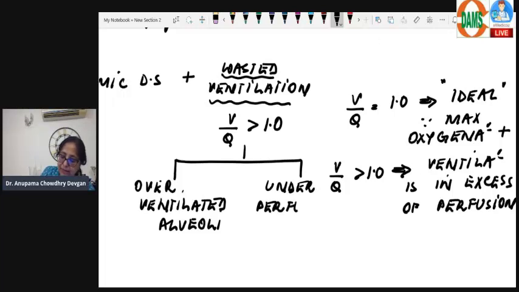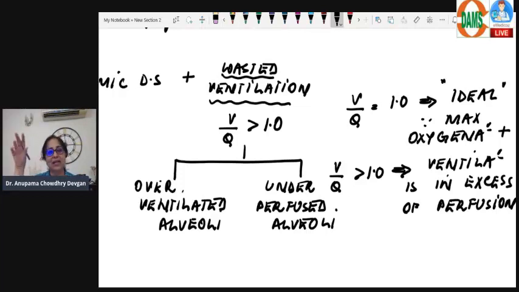Over-ventilated alveoli, or under-perfused alveoli. That means ventilation is normal, but perfusion is less than normal. Let's say ventilation is normal, but perfusion has become half. 1 divided by half is 2, more than 1.